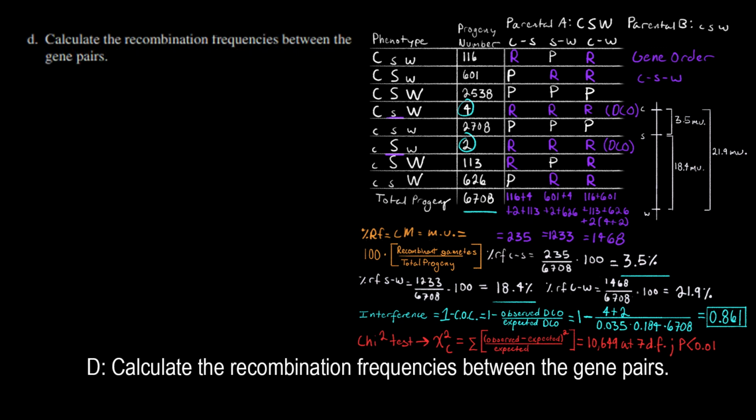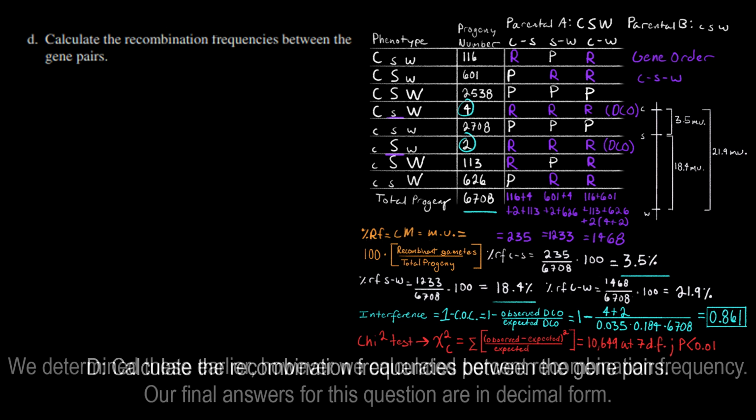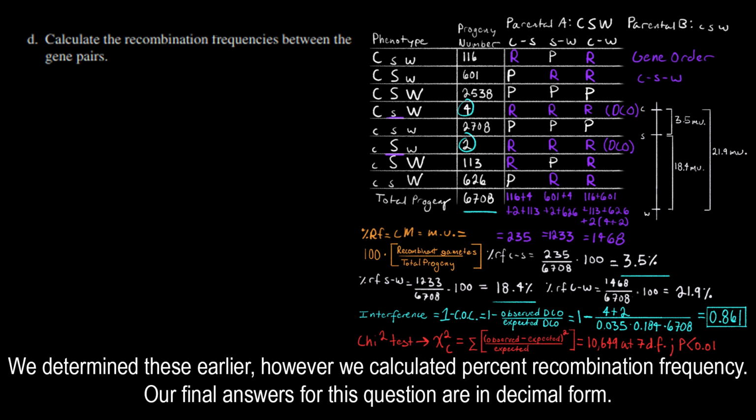D. Calculate the recombination frequencies between the gene pairs. We determined these earlier, however we calculated percent recombination frequency. Our final answers for this question are in decimal form.